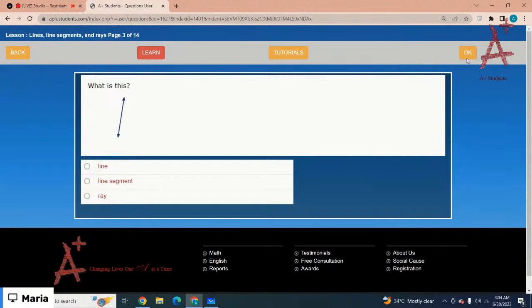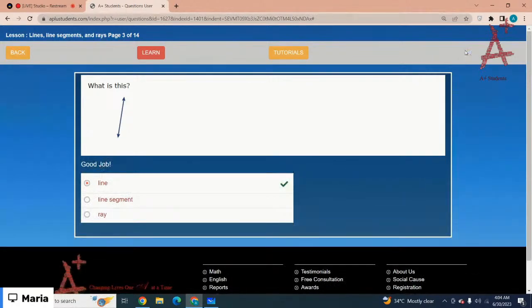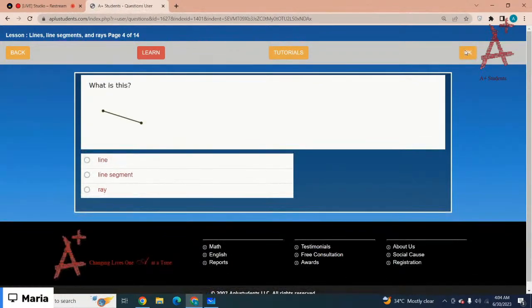Okay, what is this, line, segment, ray? This is a line. What is this?